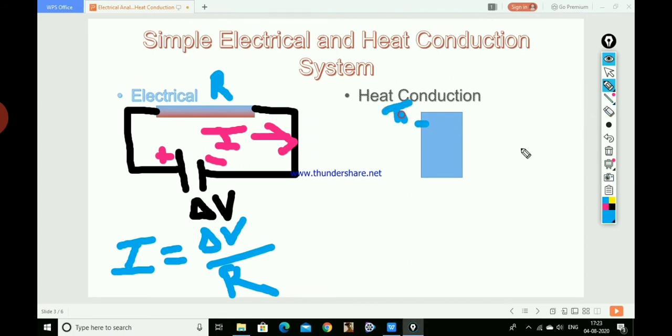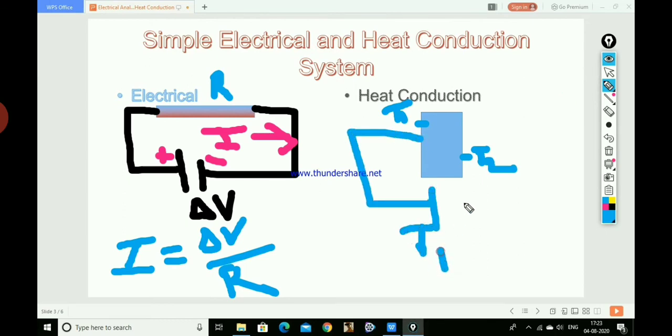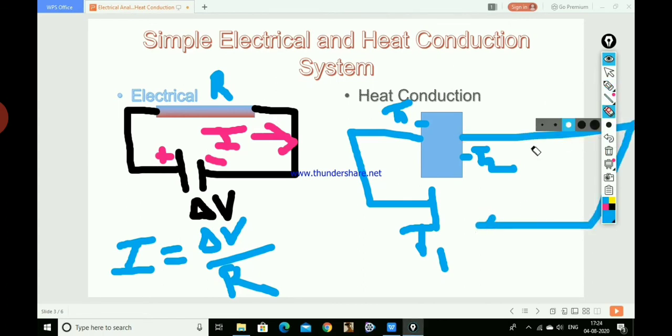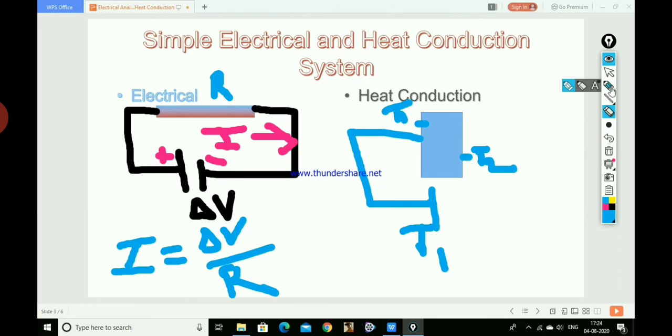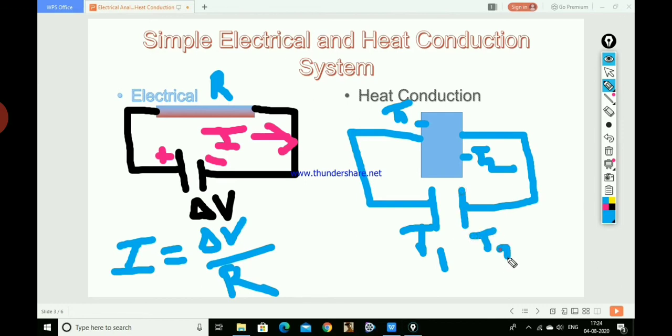Here we are having T1 and here T2. Now we know that delta V means what?